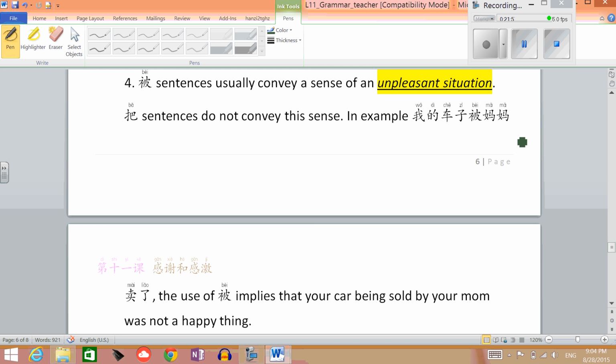Maybe you thought when you come back in town to visit, you can still drive it to hang out with your friends, but your mom thinks no one's gonna drive it when you go to school in a different state. Why not just sell it? So she sold it without really asking you, and you're not happy about that. So in that kind of situation, you should use the 被 structure.